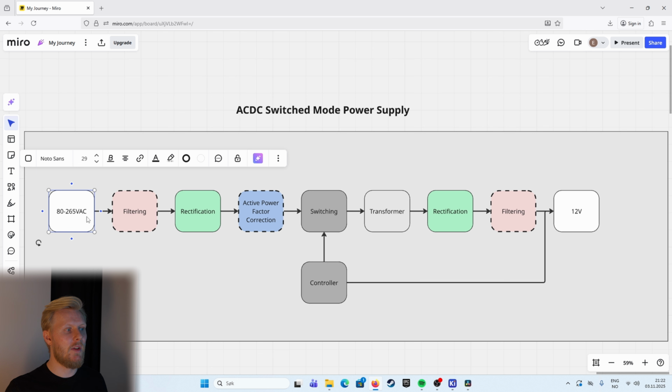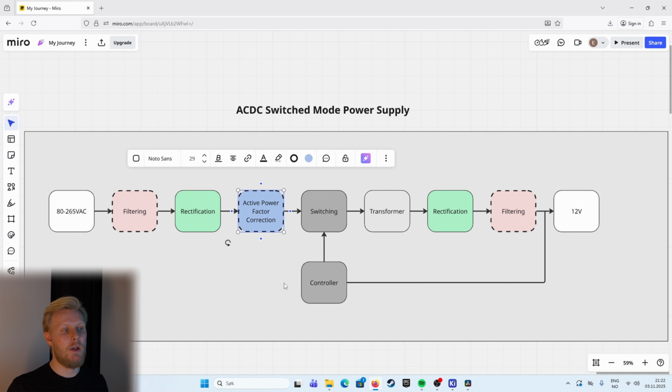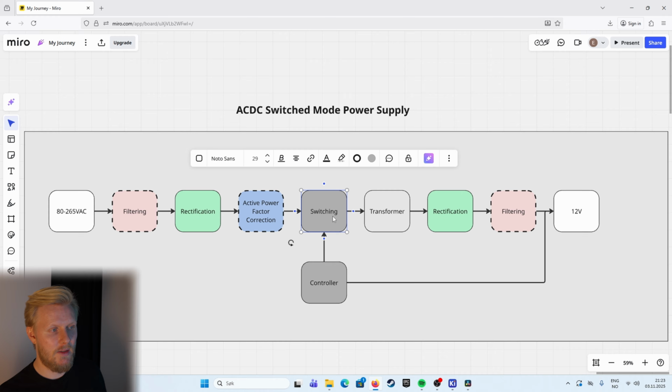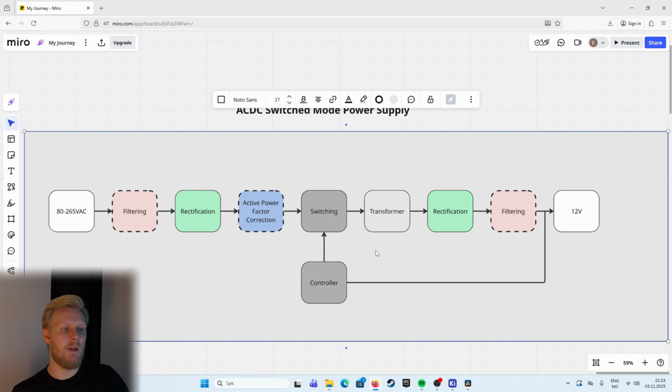You can have an input stage, some filtering, rectification, active power factor correction, a switching stage together with a controller. And you can draw some parallel to the previous pictures. So go back and look. And you can see that they kind of follow the same pattern a little bit.